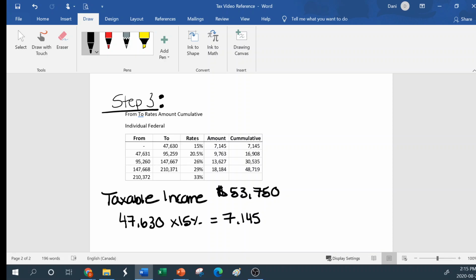For this next part, we have to say, okay, well, we'll go our $53,730 minus the $47,630 gives us $6,100. I'm just going to double check the math on that.